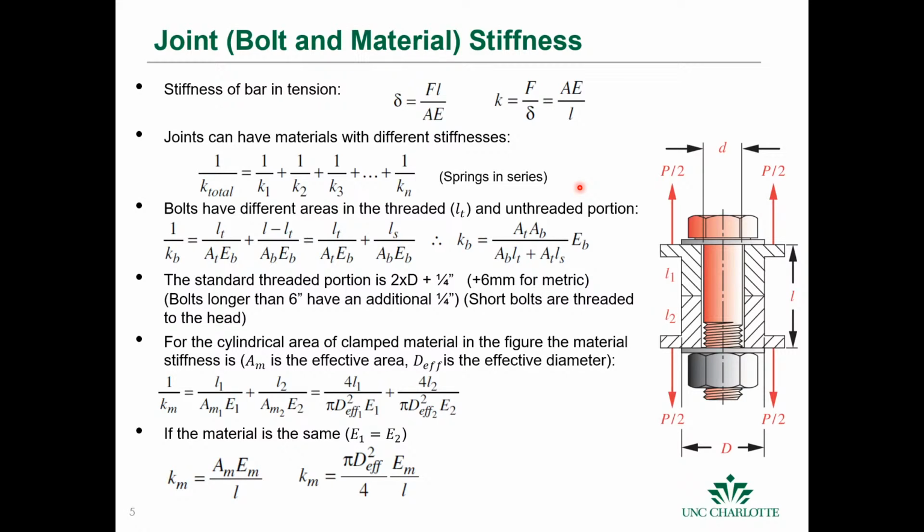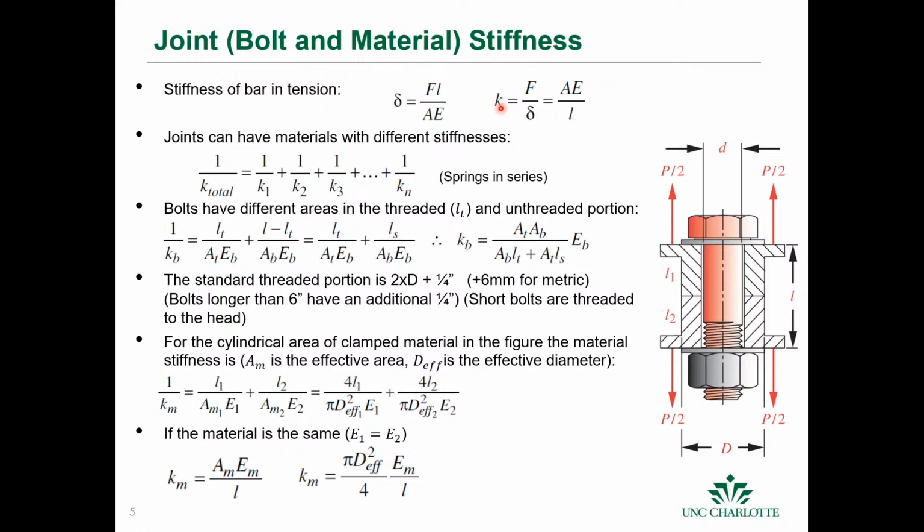Okay, as we saw before when we looked at axial loading at the beginning of the semester, we saw that the elongation is the force times the length of the bar in tension, divided by its cross-sectional area times the Young's modulus. If we rearrange this, we know that the stiffness is the force over the deflection, and if we express that in terms of the deflection equation, then the stiffness is the area times the Young's modulus over the length. Okay, this is an important concept to remember.